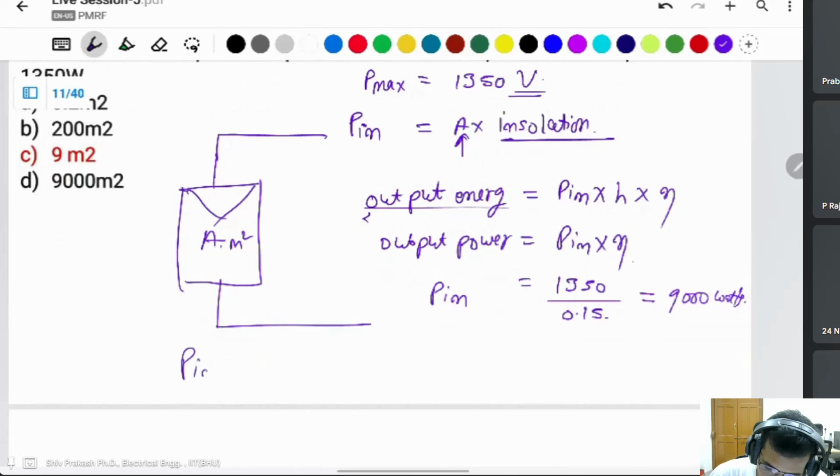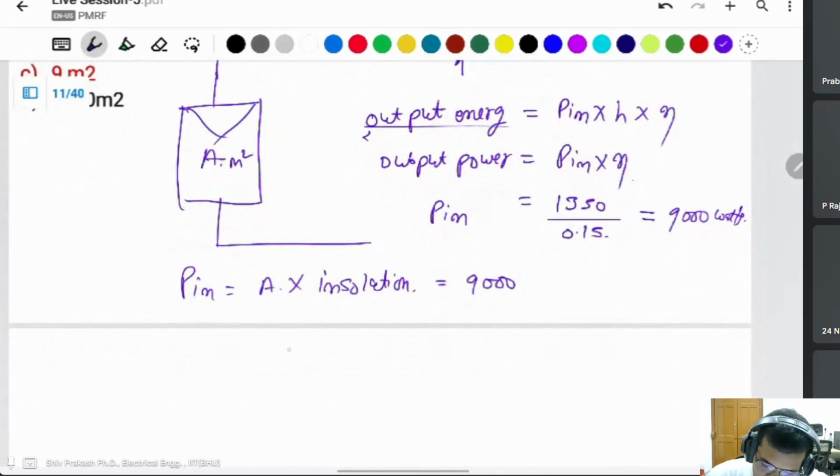P in is the area times insolation. Insolation is a standard insolation of 1000 watt per meter square, so 9000. Area is 9 meter square.